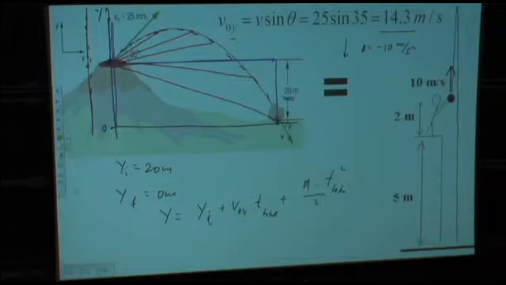And if we plug in the numbers, we get the quadratic equation, which we always can solve using the quadratic formula.